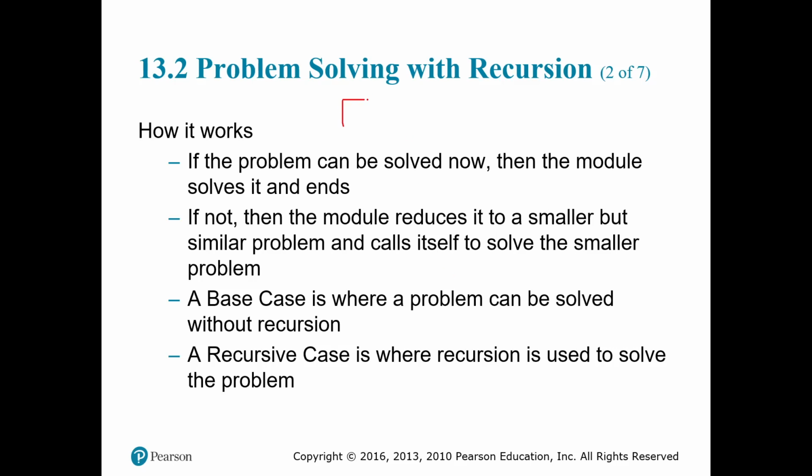As I like to imagine, we have a big problem right here. Then our module will reduce it to a smaller problem with one repetition, to an even smaller problem with the second repetition, and so on, until our problem is solved.